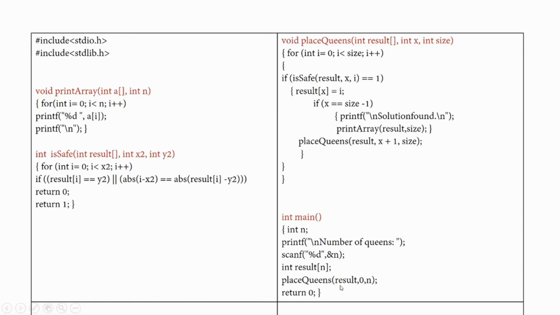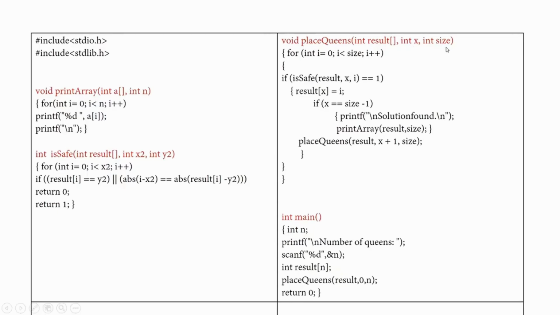In place queen we will be passing the array where we will be storing the final result and the zero index. Zero index means that the zeroth queen has to be placed at a proper position, and the chessboard size is n, that is n by n chessboard size. Now this function takes x, which represents the queen index which is to be placed at the proper position.